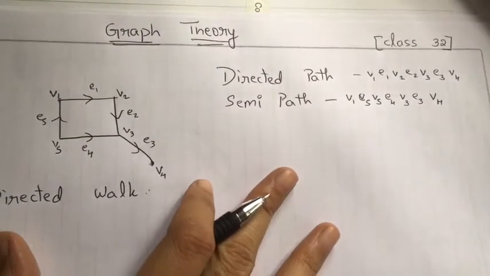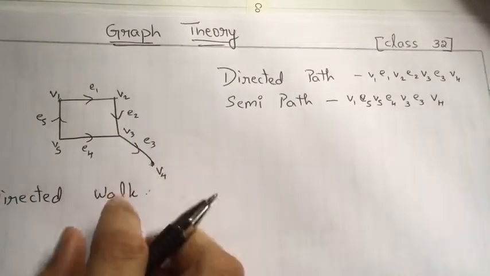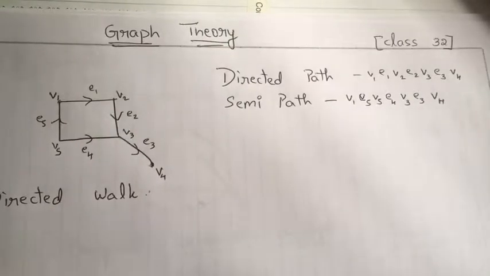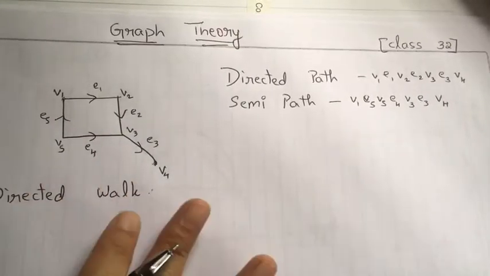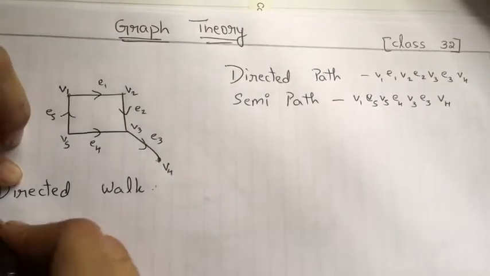When I consider a semi-walk in a digraph, it is a walk in the corresponding undirected graph, but it should not be a directed walk.